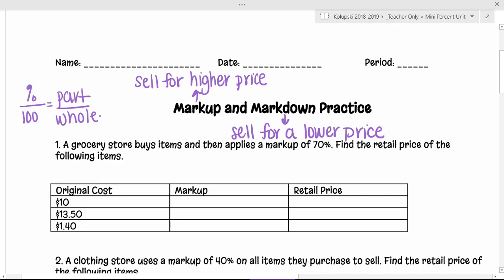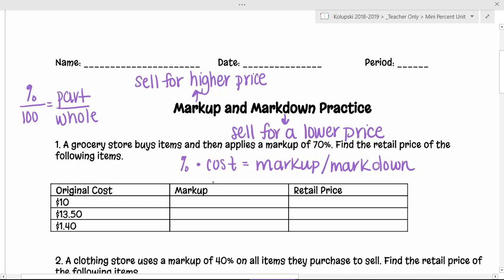We're going to take our percent and multiply it by the cost to get the markup or markdown. If it's a markup, we know we're going to have to add it to the cost. If it's a markdown, we know we're going to have to subtract it.